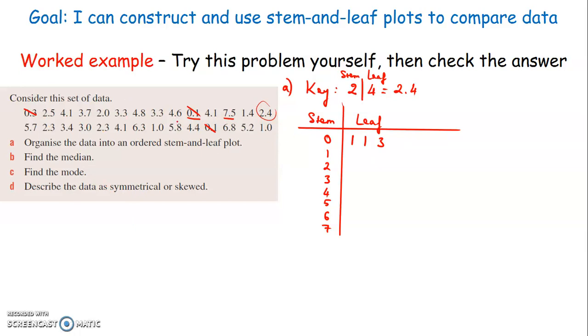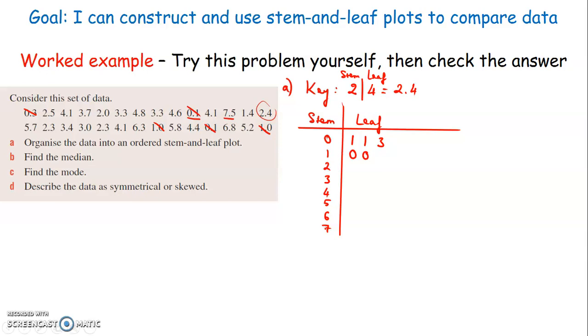I don't think there are any more that start with 0. Yeah, there's nothing more that starts with 0. So we move on to the numbers that start with 1. You can see here there is a 1.0, so we write the 0. Oh, there is another 1.0, so another 0 there. Then we keep doing this for all these stems.